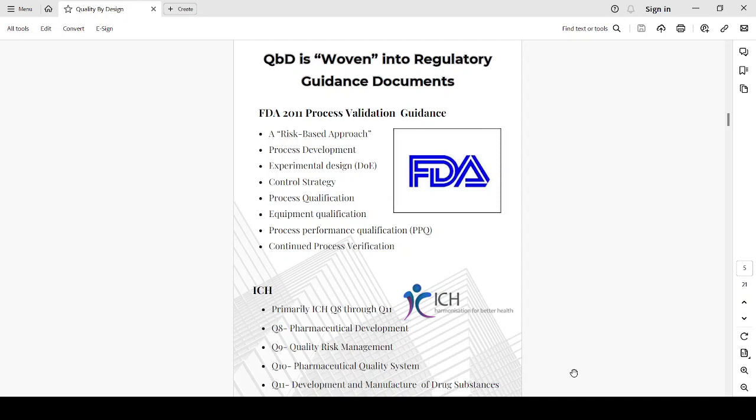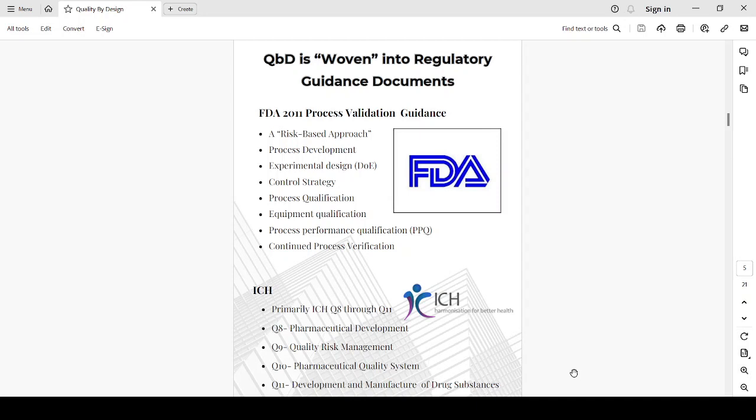We can say that it's a risk-based approach on process development, called design of experiments, and we have the control strategy and the process qualifications, and we are doing the equipment qualifications, and we are checking the process performance qualifications, and there will be continual process verification.